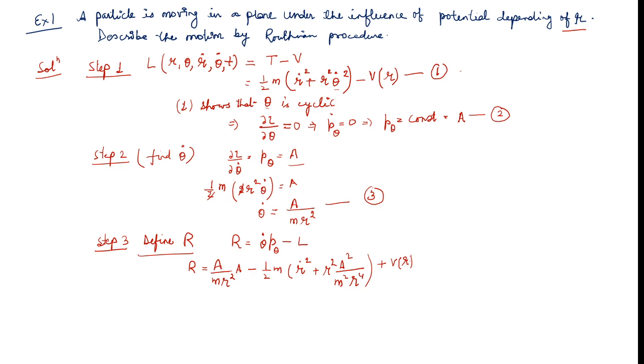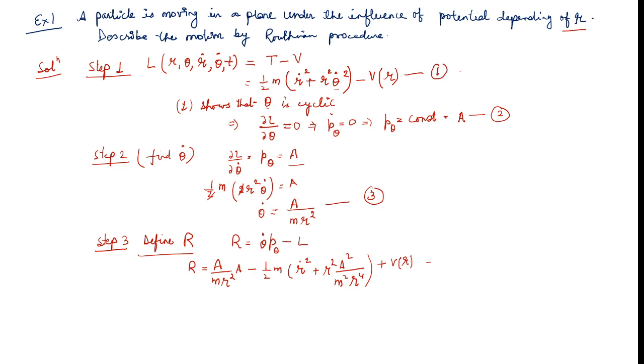In this expression you just have r, which is not cyclic, and r dot, the velocity corresponding to this coordinate r. You do not have theta or theta dots. You have the a, which is the corresponding momentum, but it is a constant.